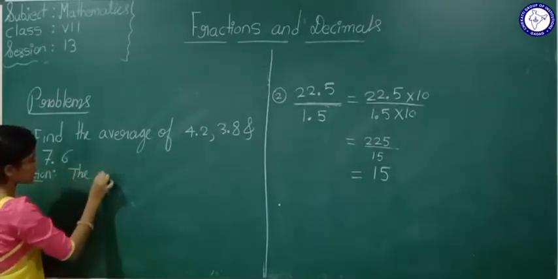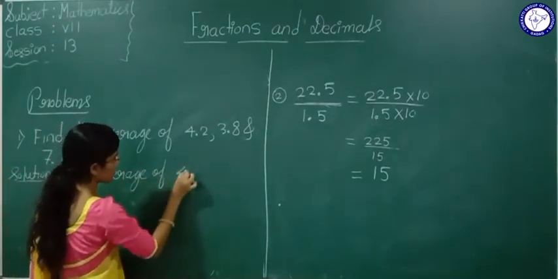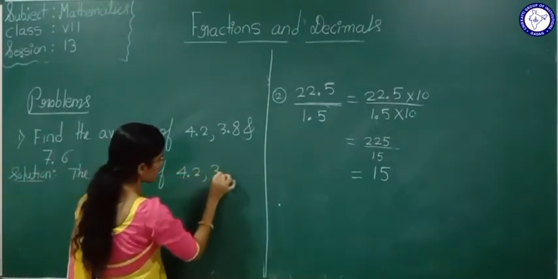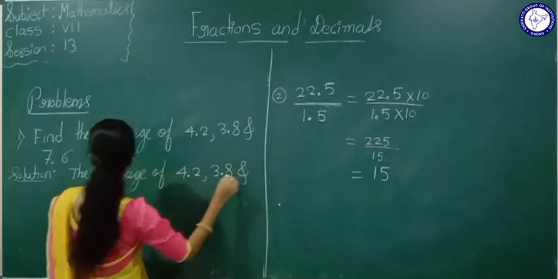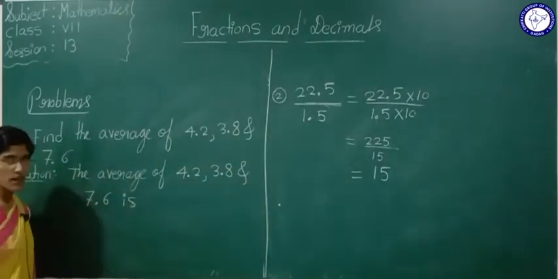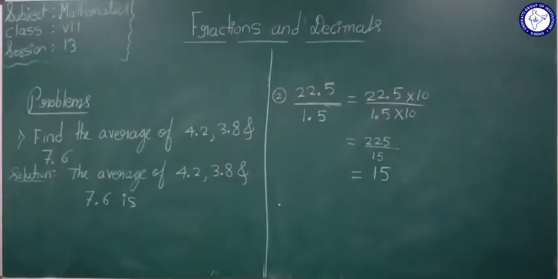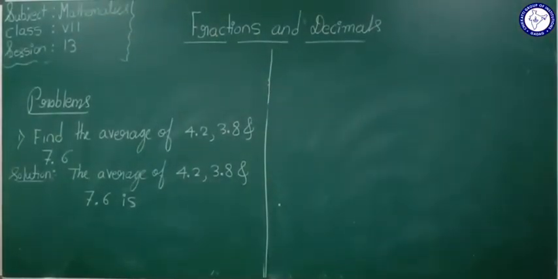The average of 4.2, 3.8 and 7.6 is. So how are we going to find the average?